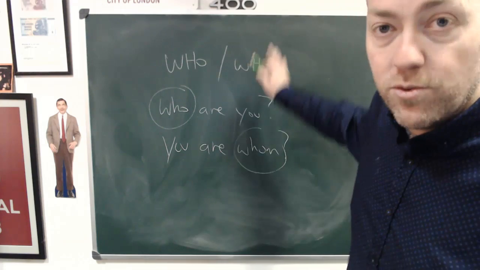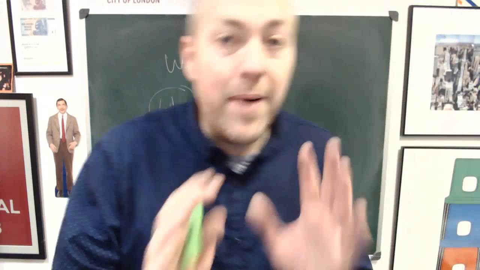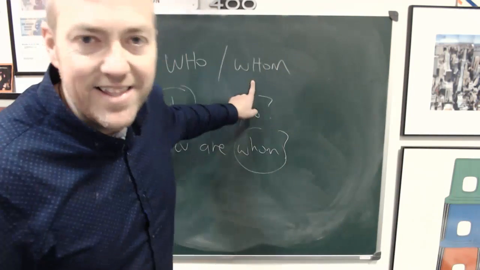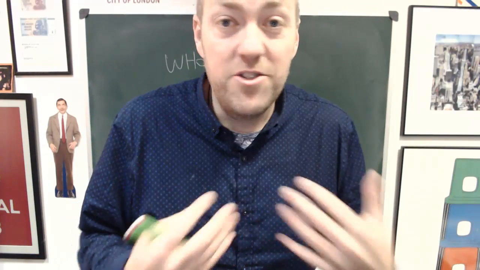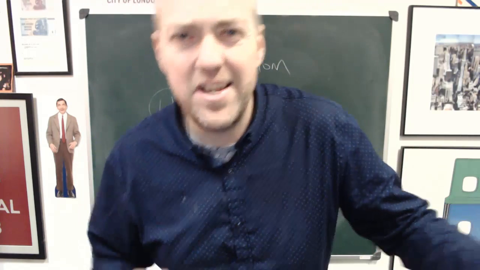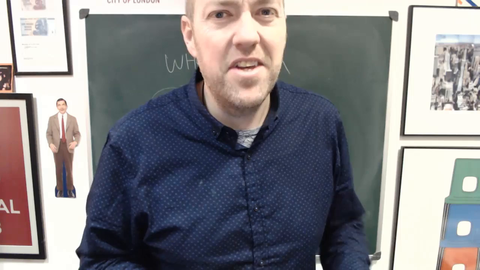If it's the object, we should use whom. But in reality, nobody uses whom. This word is dead because native speakers don't really know the difference between subjects and objects, and the word is very similar. So it's not necessary.